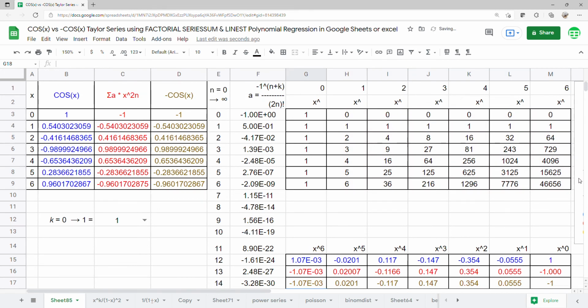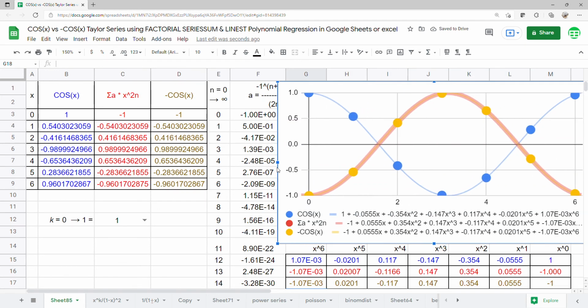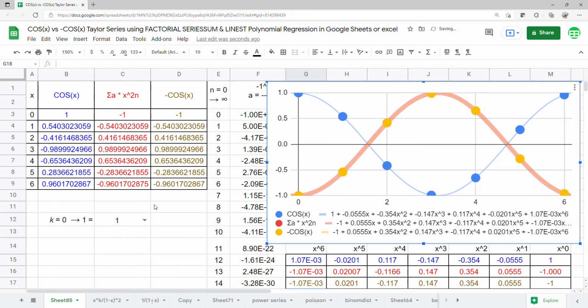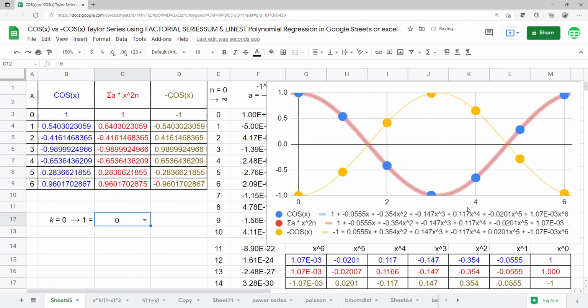So let's compare. Let's say at k equals 0. Then it's cosine. So 1, 1, negative 1. So that's 1, 1, negative 1.